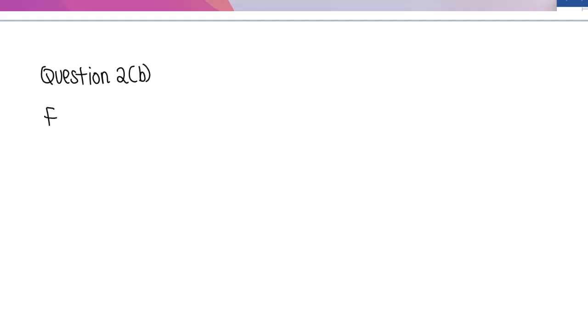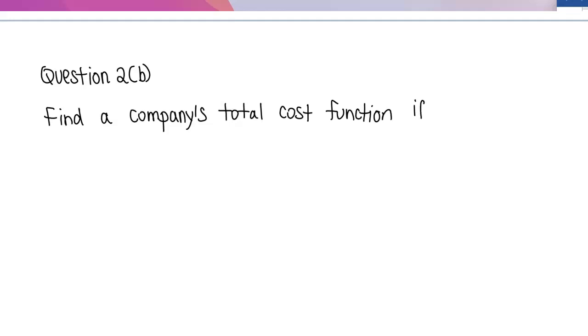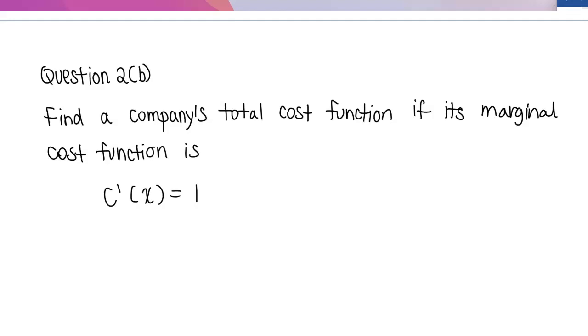Okay. Find a company's total cost function if its marginal cost function is C prime of x equals 15x minus 3 and its fixed cost is, I'm going to make up a number, $50.